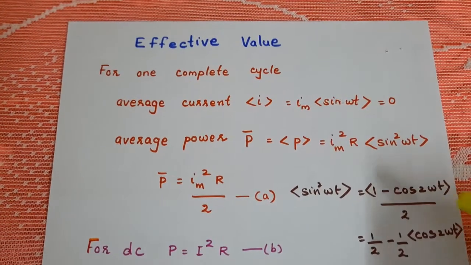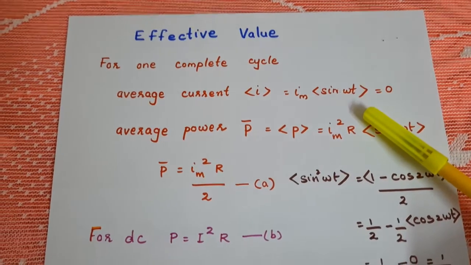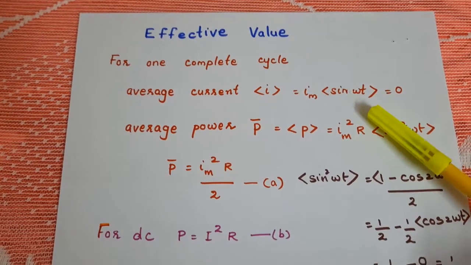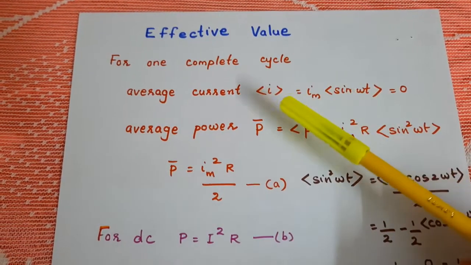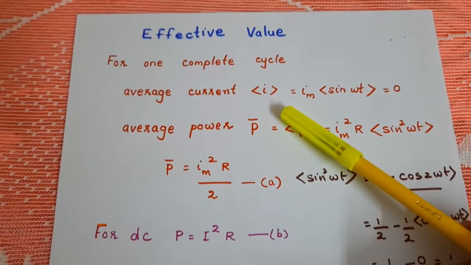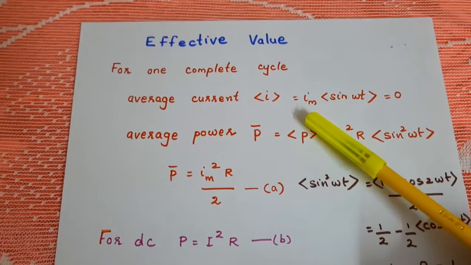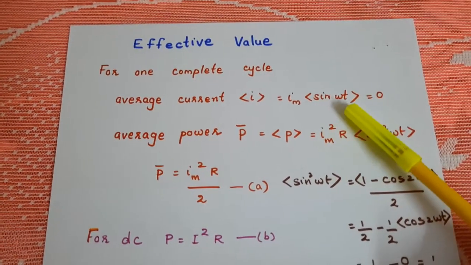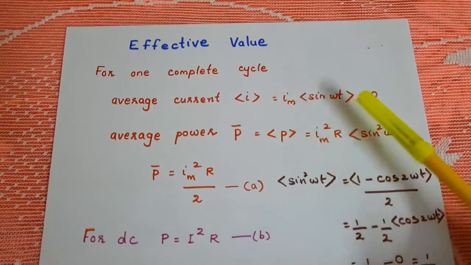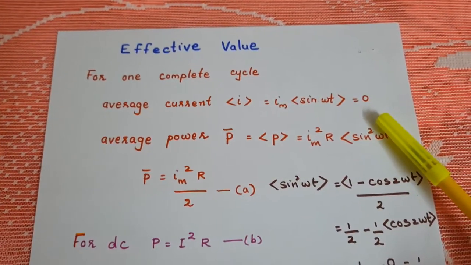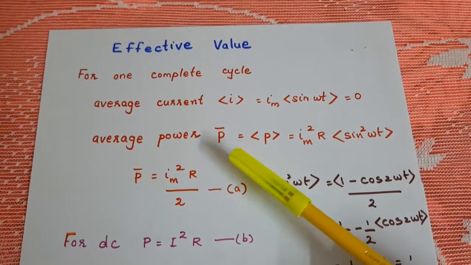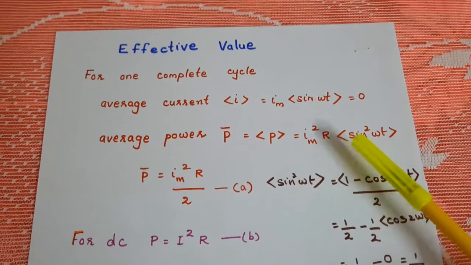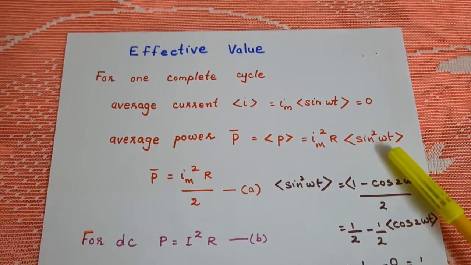As AC voltage and current vary with the time, let us find the effective value. For one complete cycle, the average current is equal to the average value of Im sin omega t. The average value of sin omega t is 0, so the average current is 0. So the average power P bar is equal to Im square R sin square omega t.